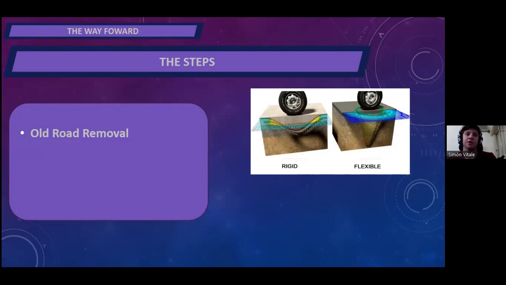All the waste generated by the removal is carried to a construction waste recycling plant where it's recycled. Okay, the second step is determination of subgrade soil that is essential for this project.